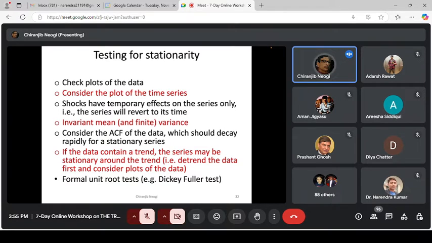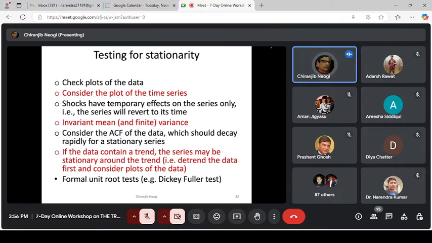There is some preliminary or primary testing of the data, like checking the plot of the data and considering the plot of the time series. Shocks affect the series only temporarily, and the series will revert to its time-invariant mean and finite variance.